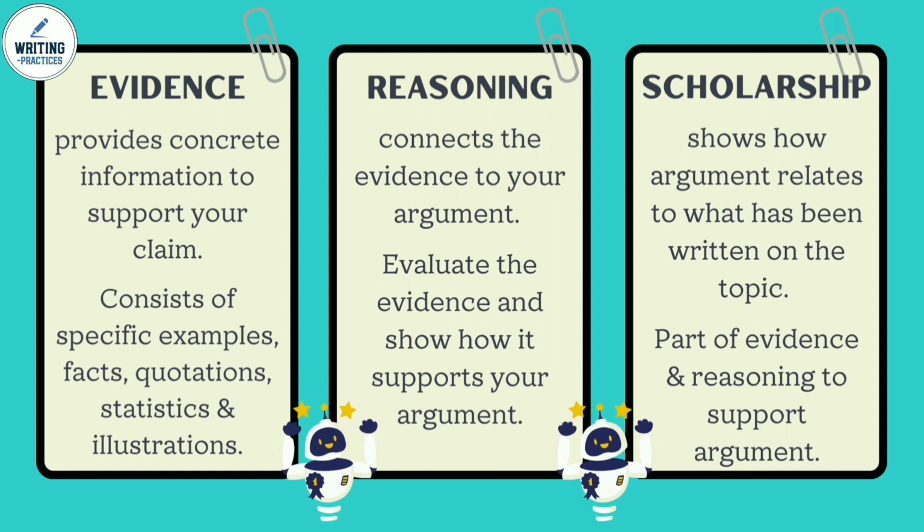Reasoning connects the evidence to your argument. Rather than citing evidence like a shopping list, you need to evaluate the evidence and show how it supports your argument. Scholarship is used to show how your argument relates to what has been written on the topic or citing specific works. Scholarship can be used as part of your evidence and reasoning to support your argument.